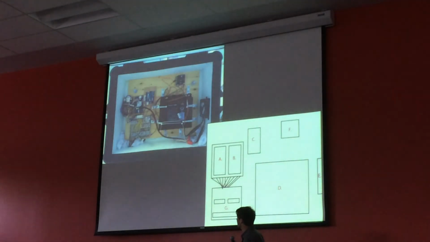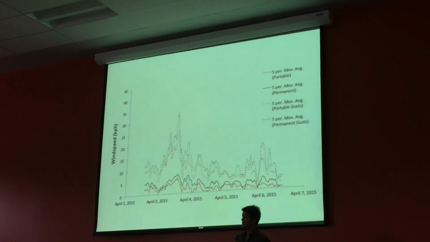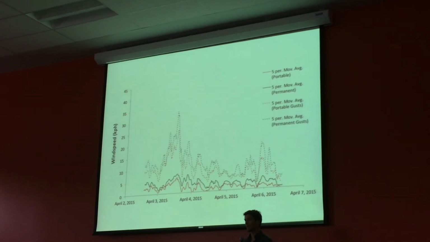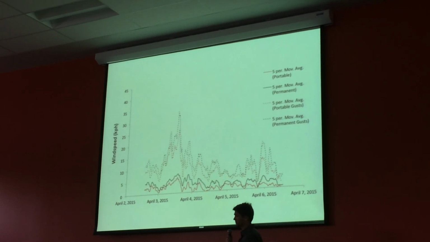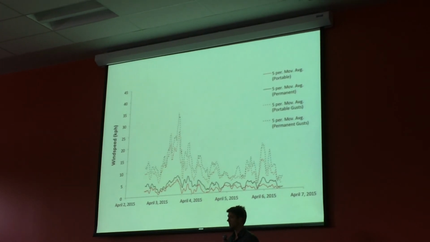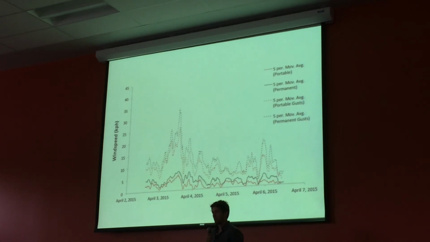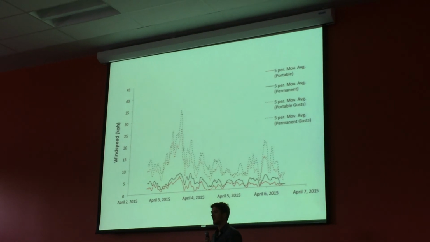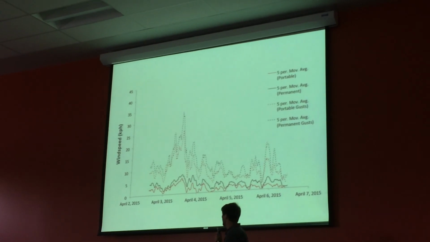So I compared them to the portable weather station that we have here at Quest. So I brought it up to the site, and the portable weather station was recording wind speed at a 3-meter height, and my weather station, shown here as the permanent weather station, is recording wind speed at a 10-meter height. So you'd expect my wind speed to be higher and the 3-meter wind speed to be lower.